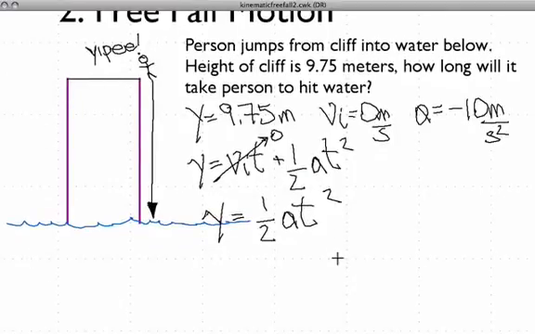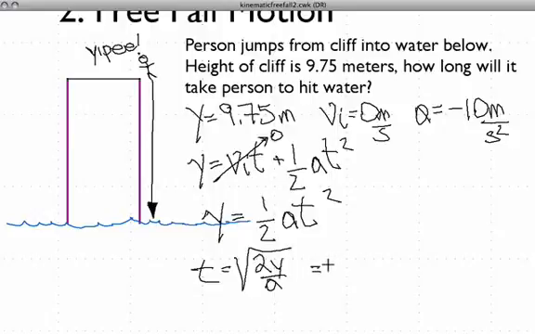Now, I'm not going to go through all the algebra in this video, but as we've talked about before, it's relatively easy to solve. T would equal the square root of 2y over a. And you have to do all that first and then take the square root of it.